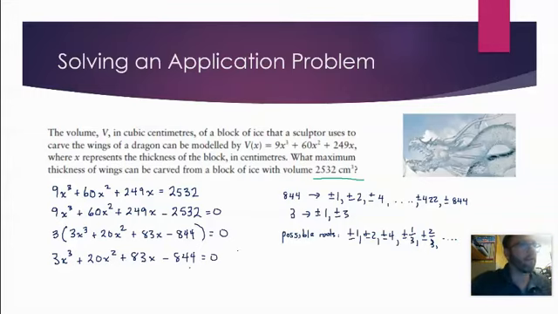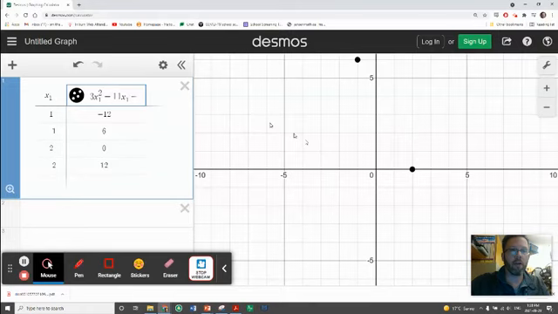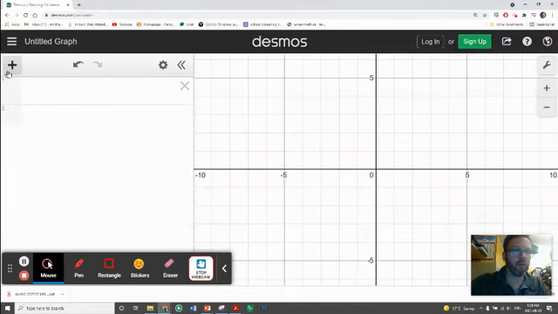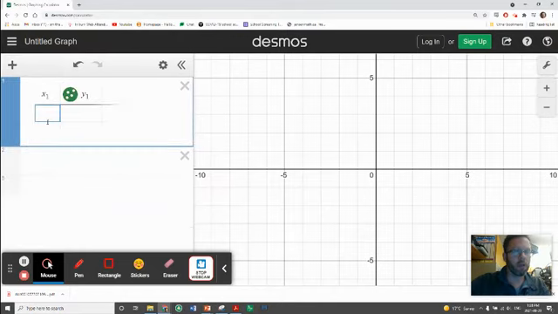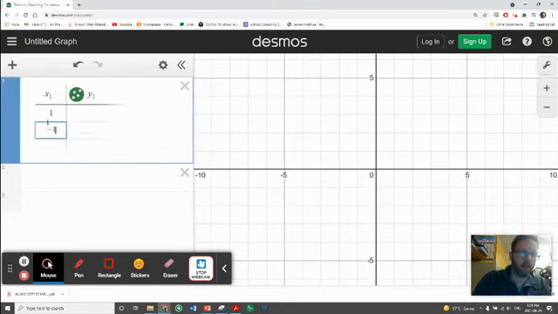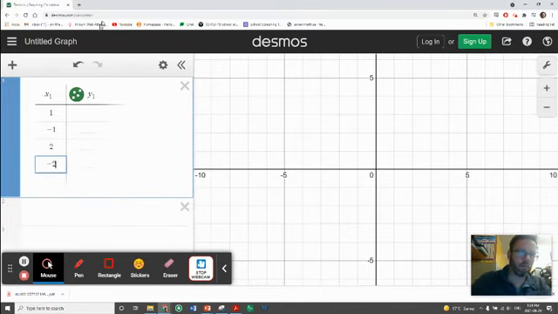Let's bring up Desmos. Let's head here to Desmos, clear off the table and add a new one here. Let's just try some of our whole number ones and hopefully we get a hit. I'll just try those basic guys. I did this problem a couple weeks ago when I was preparing, but I haven't shot the video yet for it, so I kind of forget which one works out.